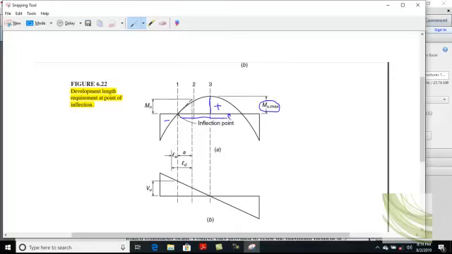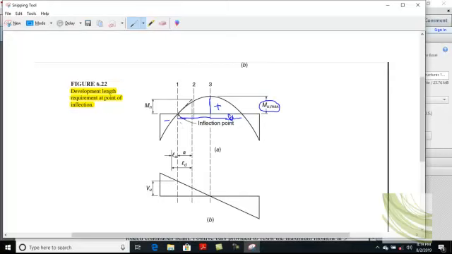Clear? Now it says that if LD reaches the point of inflection, in the limiting case its development length reaches the point of inflection.